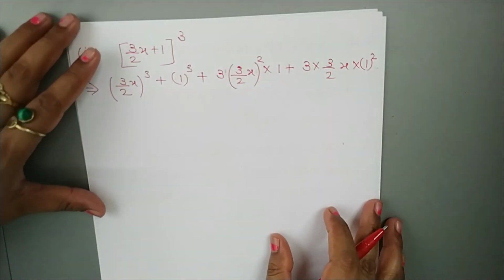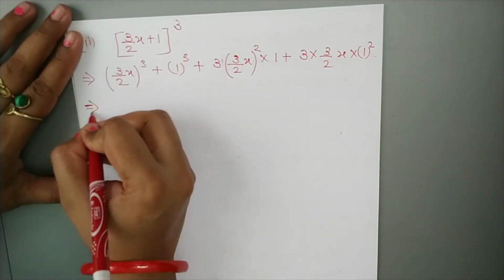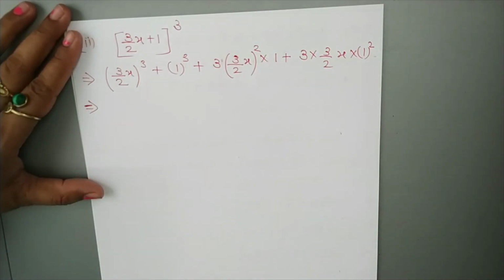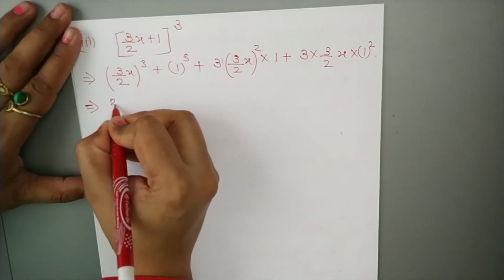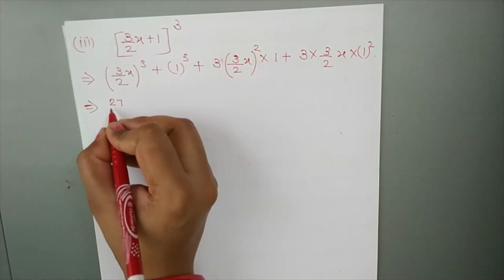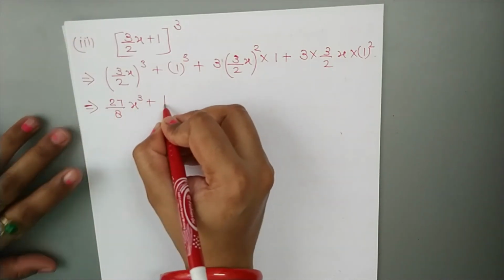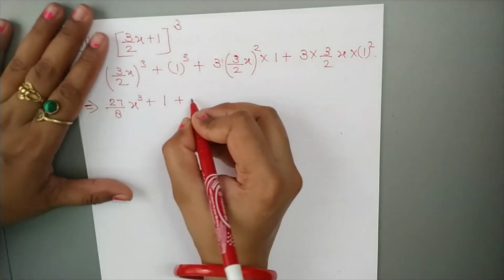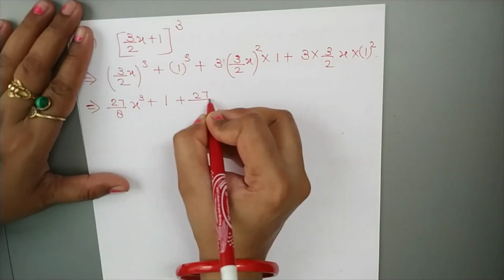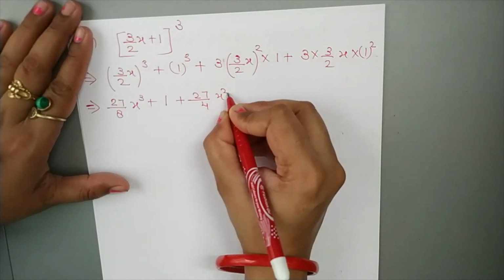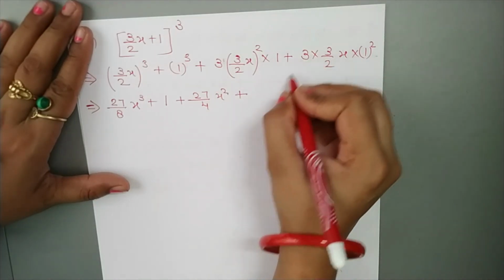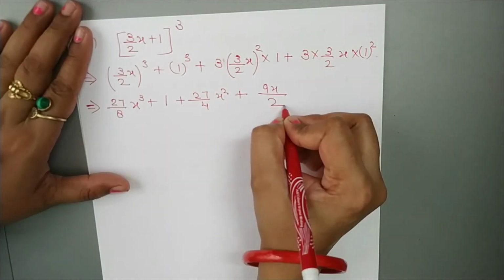So it will become 27 upon 8x cube plus 1 plus 27 upon 4x square plus 3 3s are 9x upon 2.